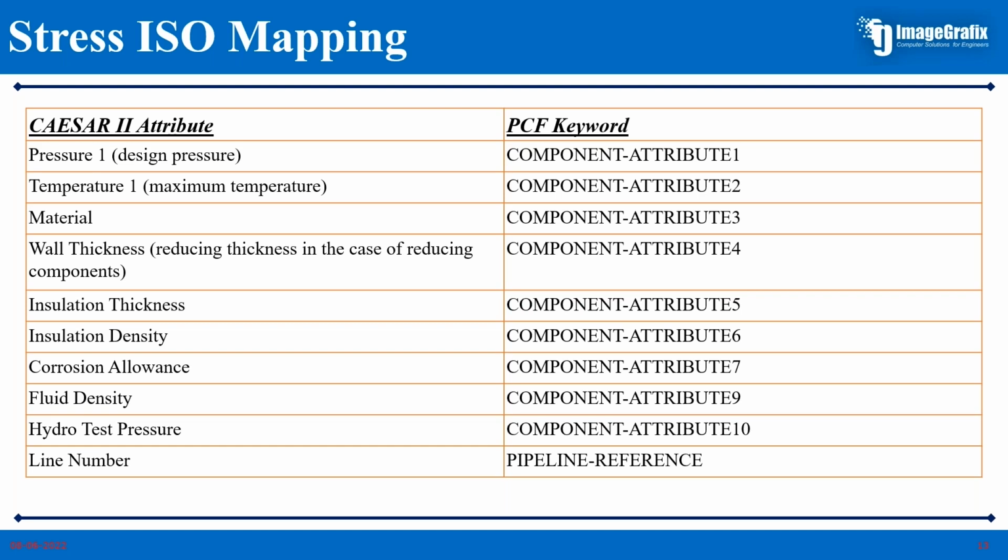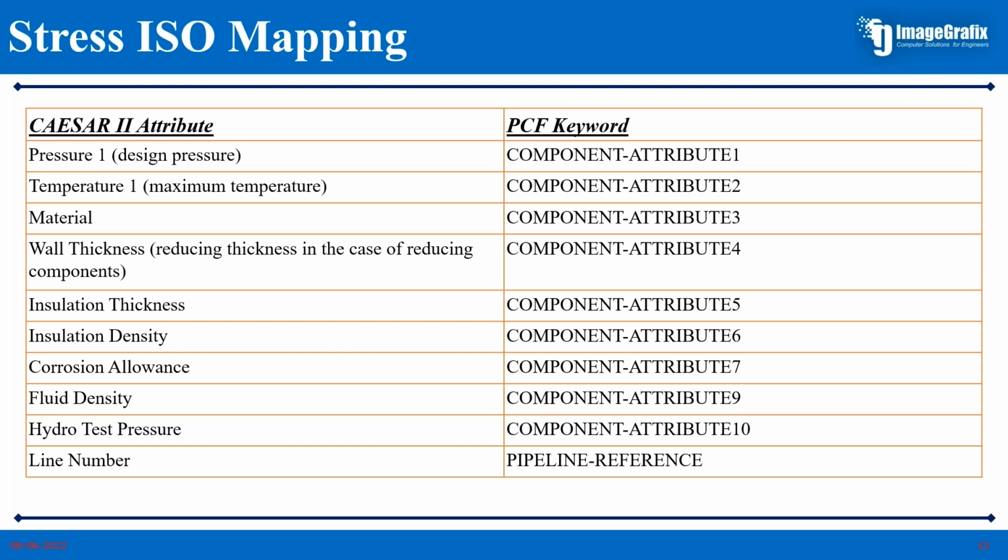So whenever I have a PCF exported from CADWorx, I can use the mapping as super PCF. Other than CADWorx, for any other software, including Smart 3D or PDMS or other CAD modeling software, you can use just the stress ISO mapping PCFs. According to that, what keywords can you enter?